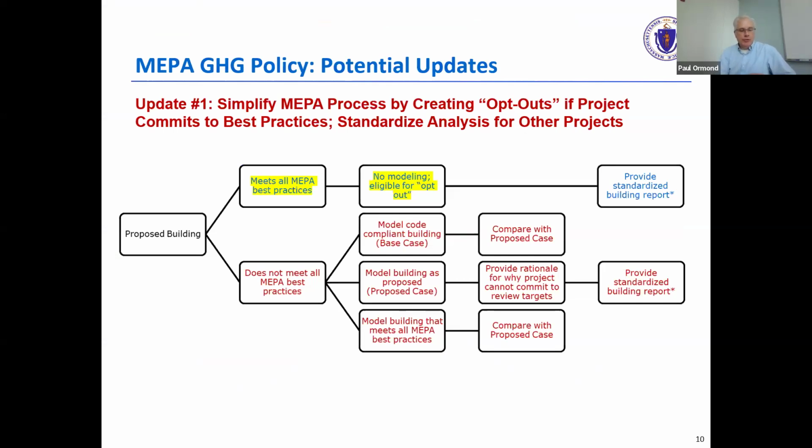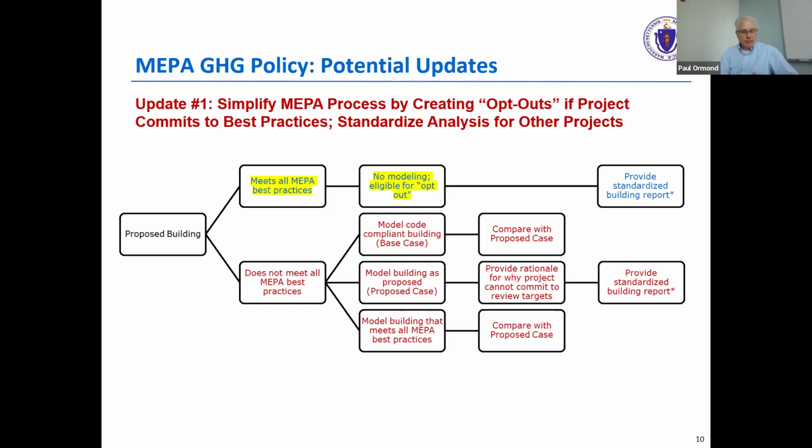So we're proposing 3 updates to our MEPA GHG policy. The first update is to propose a simplified MEPA opt-out process for projects that are committing to best practices. So in that decision tree here, this is the choice that goes along the top of that decision tree.